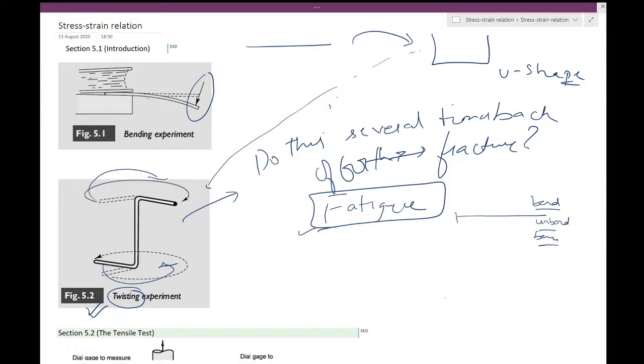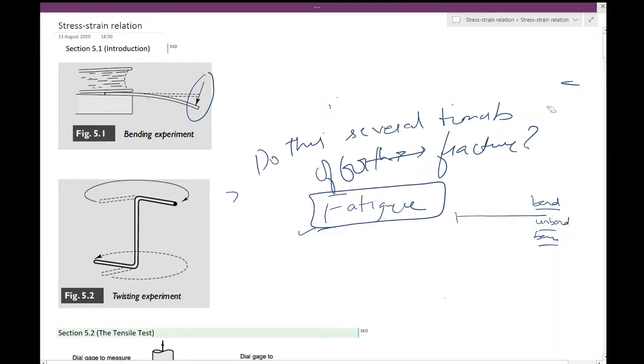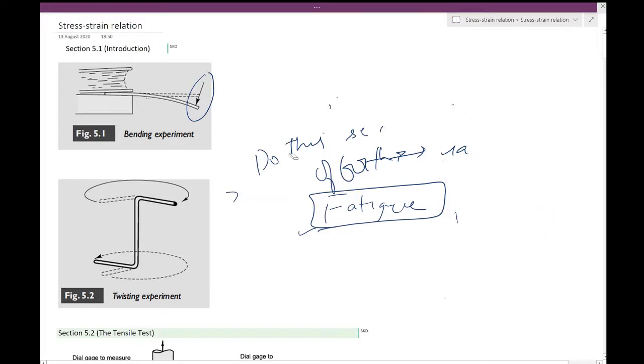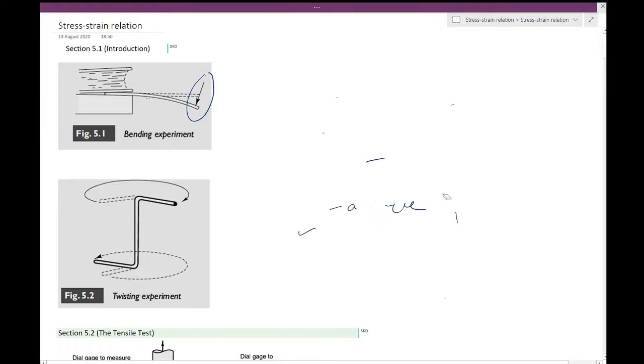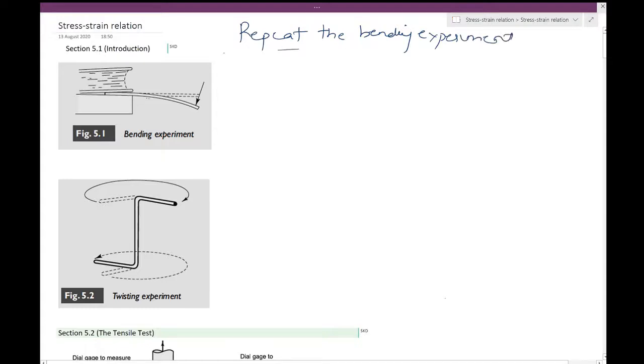Now we repeat the bending experiment with a piece of lead from a mechanical pencil, a lead from a pencil.